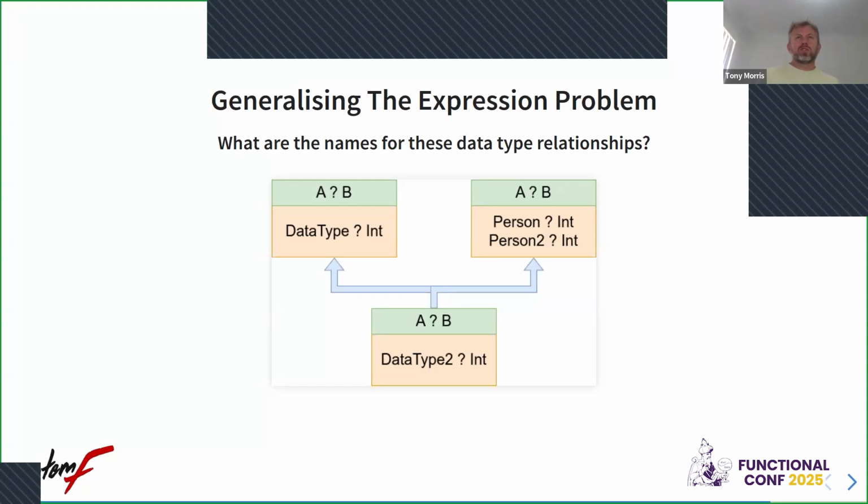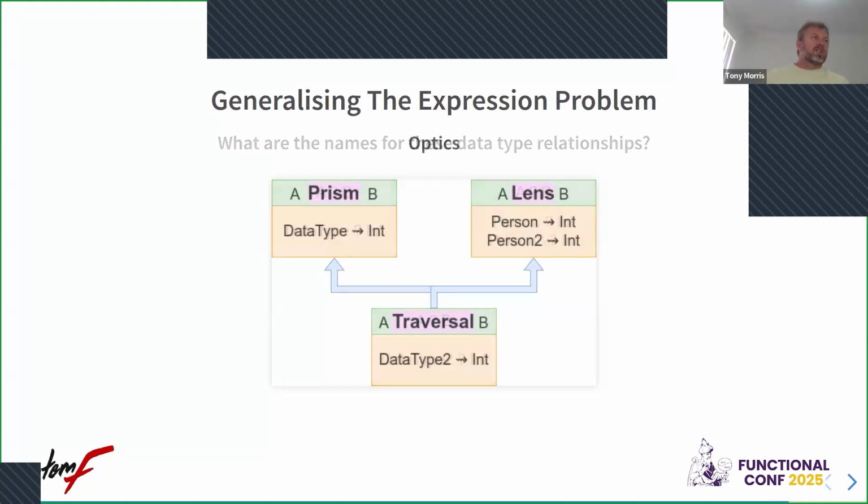Now, I know some of you already know the answer to this question because you know my opinions, but if you didn't know my opinions, I will tell you the names. Those names are all types of optics, and the relationship between data type and an integer is called a prism. The relationship between a person and an integer is called a lens, and the relationship between data type 2 and integer is called a traversal.